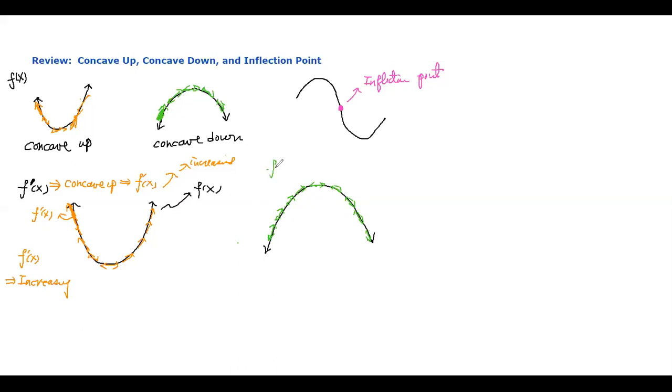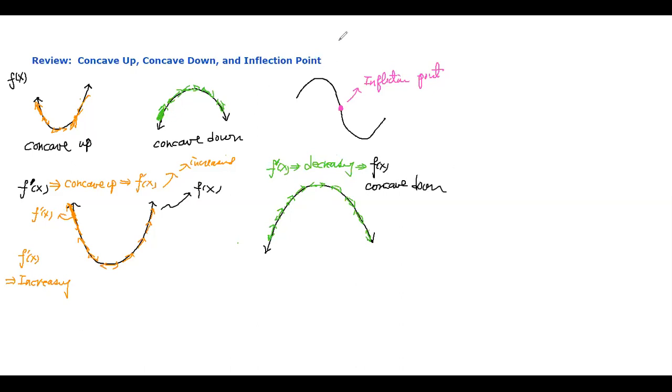So the f prime x, in this graph my green one, the slope is decreasing. So that's why I know my f of x is concave down here.